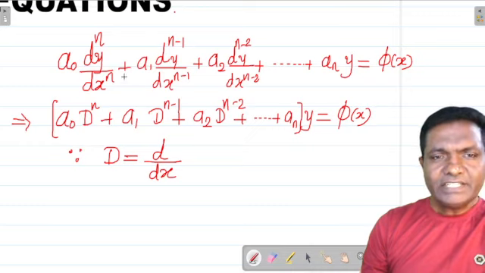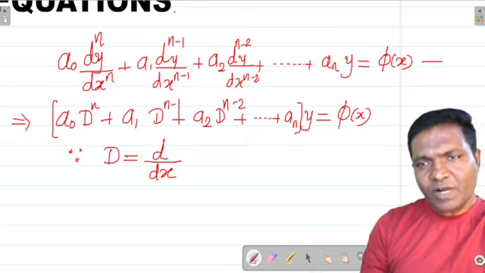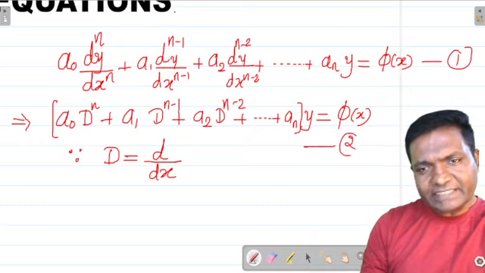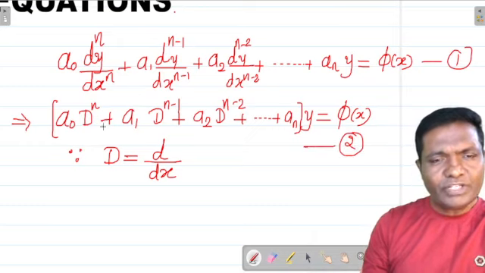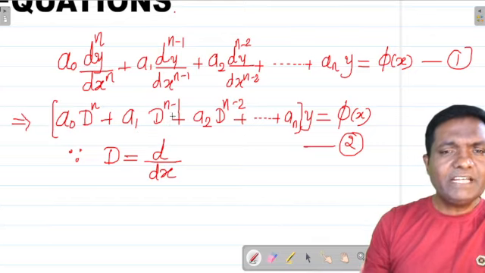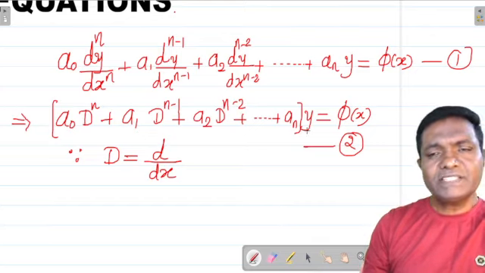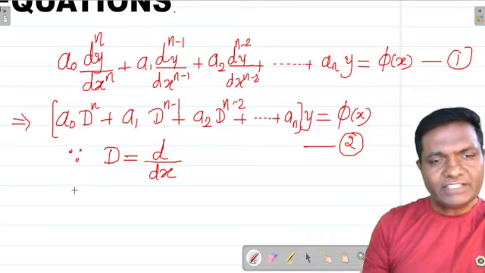So the differential equation 1 can be put in another form, that is (a naught D^n plus a1 D^(n-1) plus a2 D^(n-2) plus an) y, where y is common, equals phi of x.